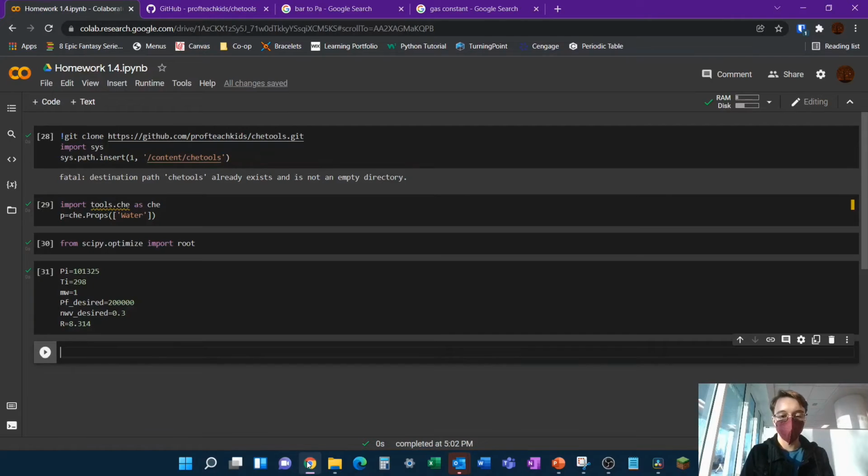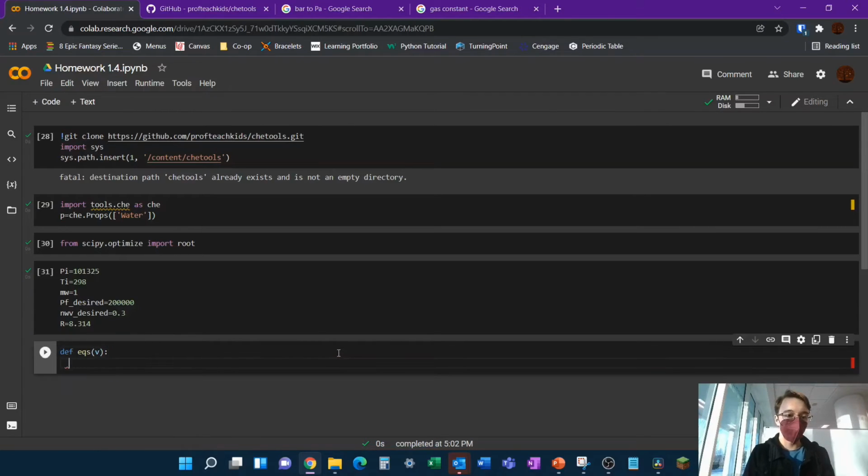We're going to define them as a function, but then we're going to use this root function to optimize. So we define our equations, we'll just call that EQS, and we're going to have to input a vector called v. Now we need to decide what this vector v is going to be.